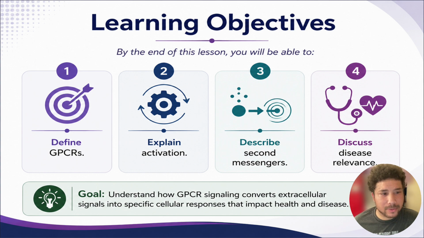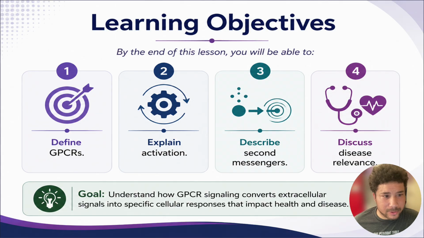Second, you should be able to explain receptor activation. This includes ligand binding and conformational changes in the receptor, the exchange of GDP for GTP on the alpha subunit, and the activation of downstream effector proteins.